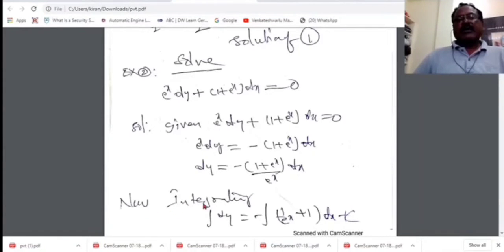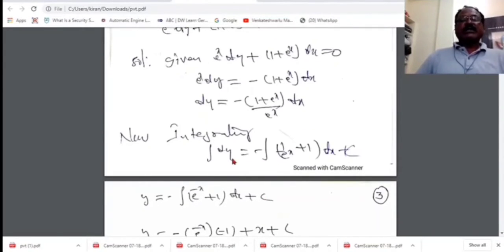Now, integrating on both sides, that is integration of dy equal to minus of integration of 1 by e power x plus 1 into dx plus c, where c is an integration constant. Now, integration of dy means y equal to minus of integration of e power minus x plus 1 into dx plus c.